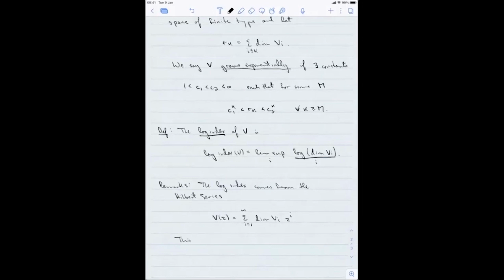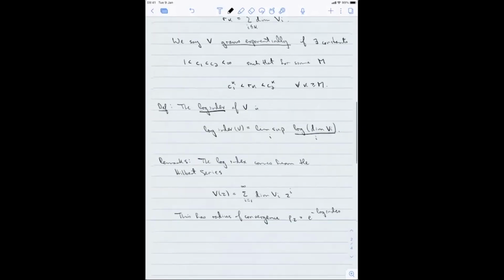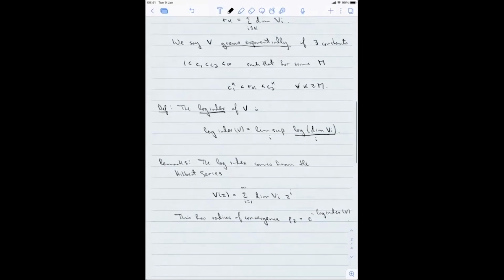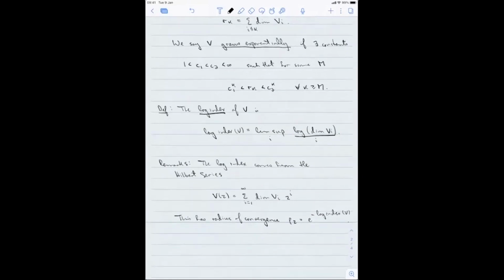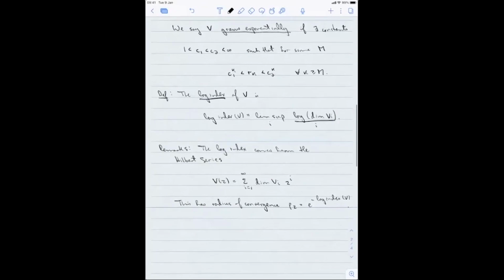And this has a radius of convergence, call it rho, which is e to the minus the log index of V. Right, so you can think of this log index as having something to do with the radius of convergence of this Hilbert series associated to the graded vector space. And V grows exponentially.